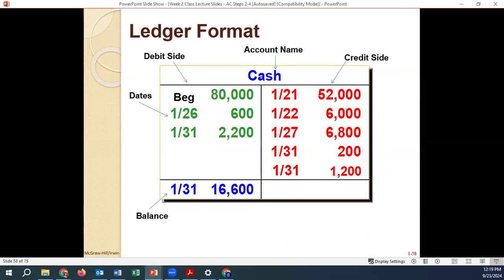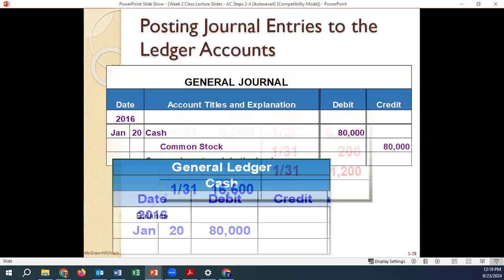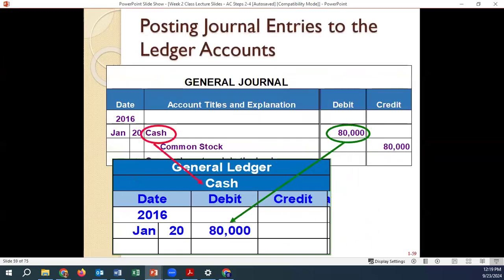So now let's talk about the actual mechanics of posting to the ledger. What you're going to do is start first with your journal entry list. This is all the journal entries that you recorded in step 2, and that's here. This is just giving you one example. You go through your list account by account, starting first, as you can see here, with the cash account.